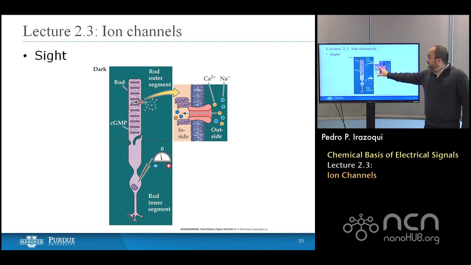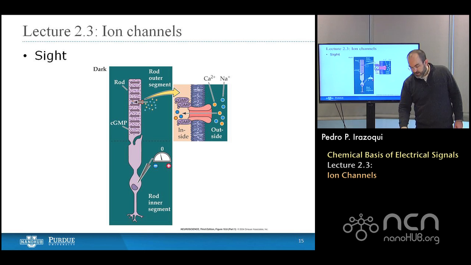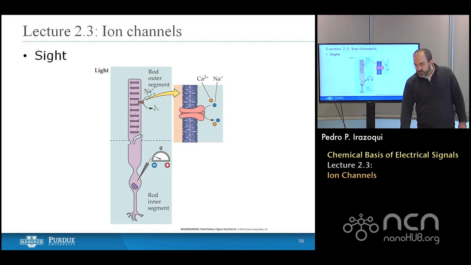If you expose the same rod to light, and cones work in a very similar way, if you expose the same cell to light, what happens is that the light processes the cyclic GMP, so breaks it down so that you have a lower level of cyclic GMP inside the cell, which leads to the sodium ion channels closing, which then allows the potassium ion channels to restore the resting membrane potential, and the cell hyperpolarizes and stops firing.